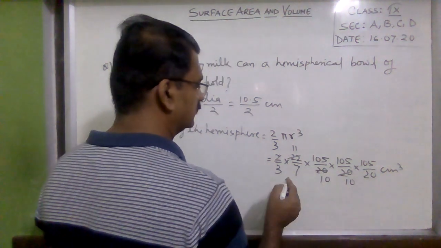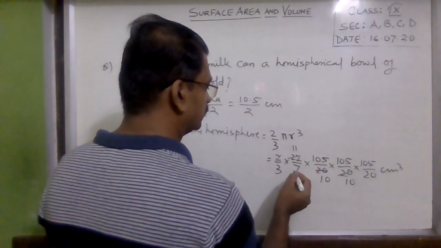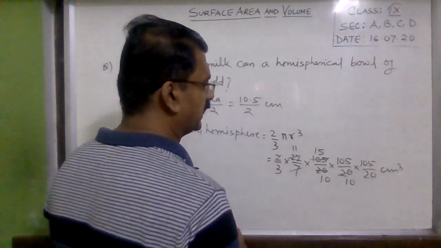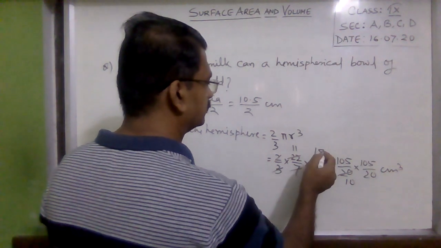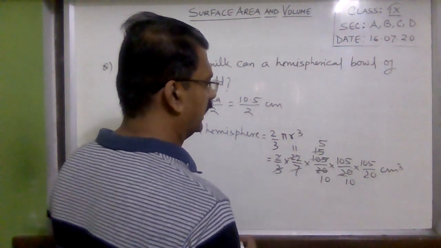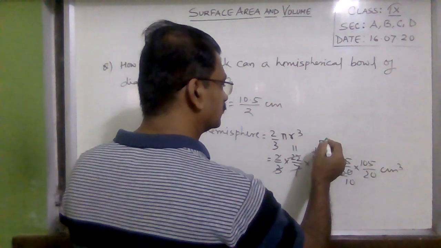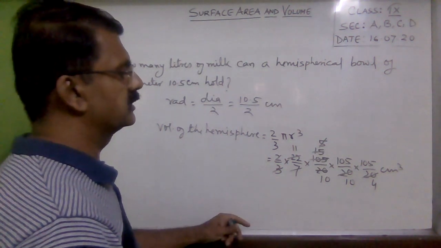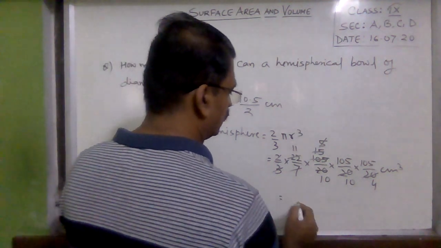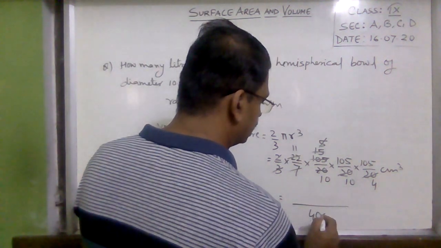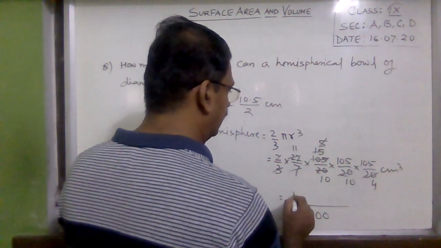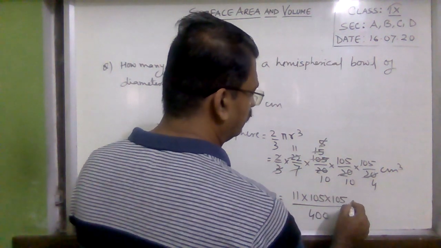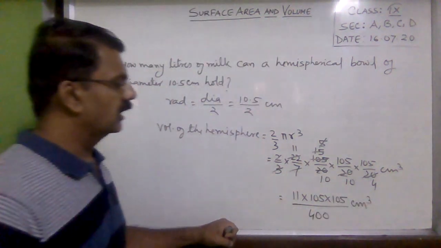This is also 10. This is 15, 5, 5 fours are 20. So in the denominator we have 400, and in the numerator we have 11 into 105 into 105 centimeter cube. Okay.